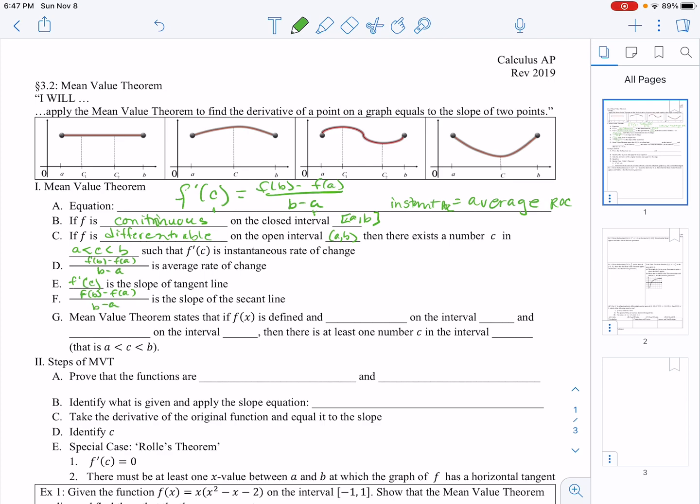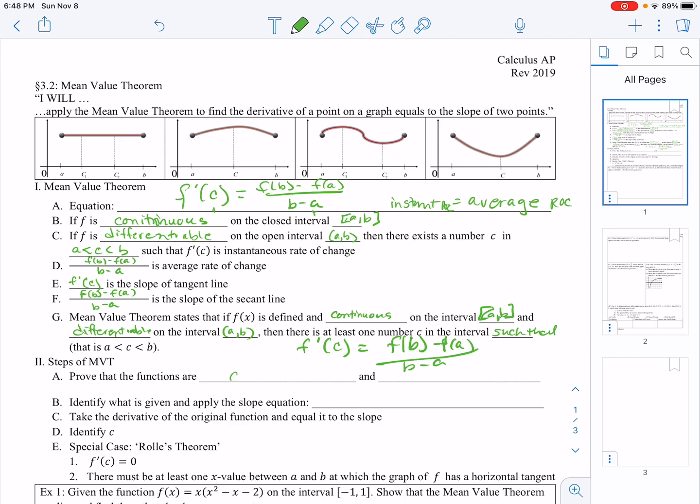The mean value theorem states that if f is defined and continuous on the closed interval ab, and differentiable on the open interval ab, then there's at least one number c in the interval such that f prime of c equals f of b minus f of a over b minus a.